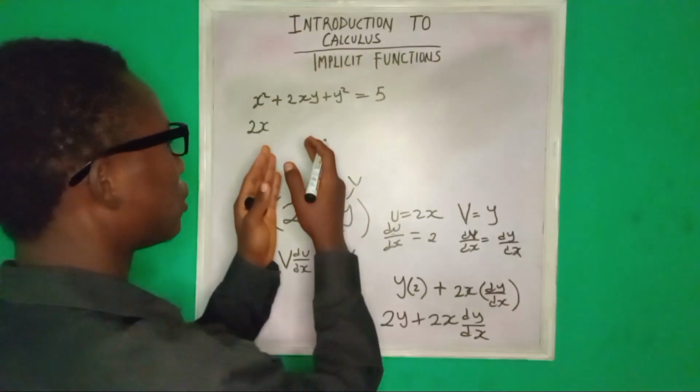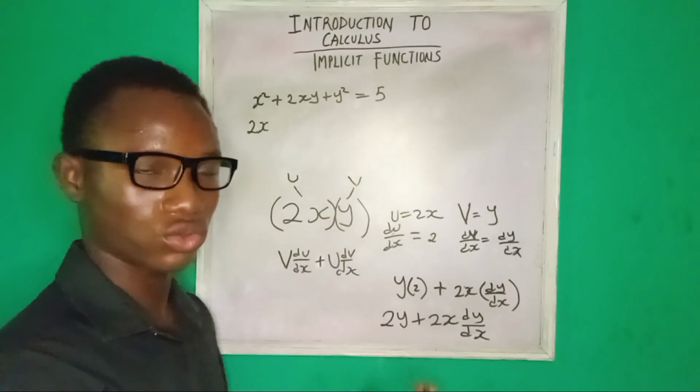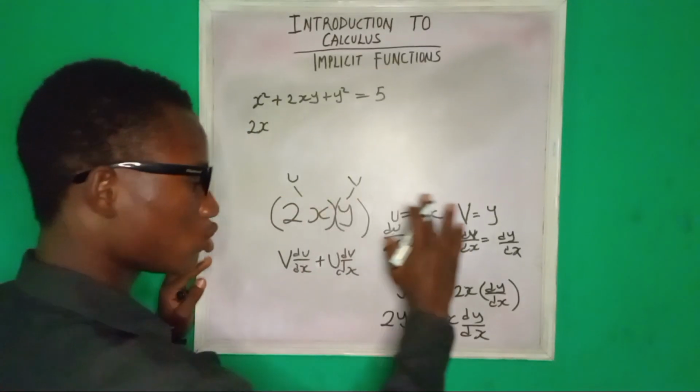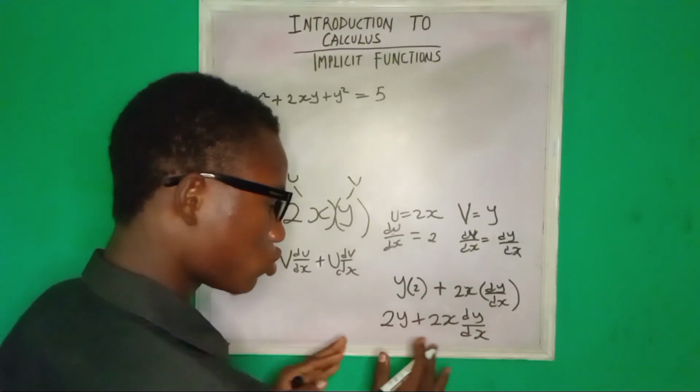Where we cannot differentiate, x and y are not the same functions, so we have to treat them as products of each other. Then when we treat them as products of each other, this is what we are going to get.